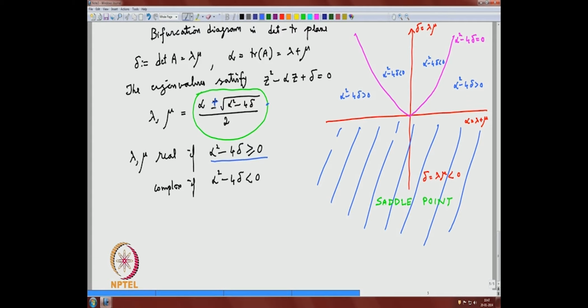If you look at the regions corresponding to alpha square minus 4 delta negative, you will have the stable focus, and in this case it will be unstable.